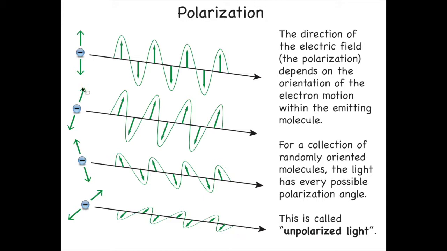Of course, you can have every possible orientation in between, and when we look at something like sunlight or just a lamp, we generally have every possible orientation of molecules, and so we have every possible orientation of electric field. We call that unpolarized light, but unpolarized light is really what we should call randomly polarized light. The light has polarization, it's a mixture of every possible angle of polarization.